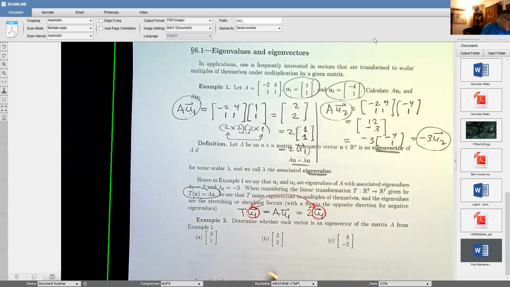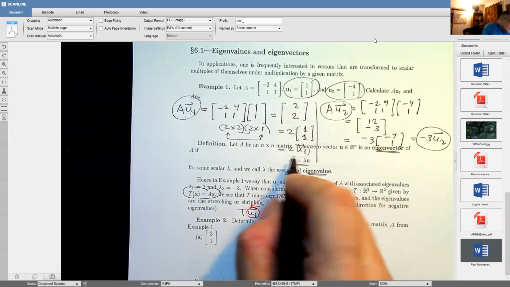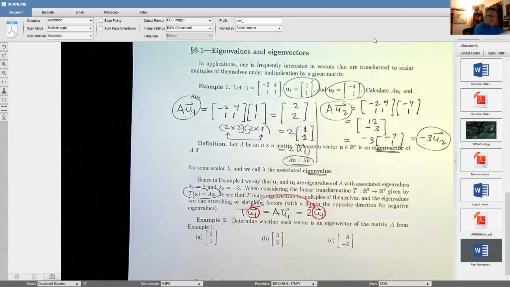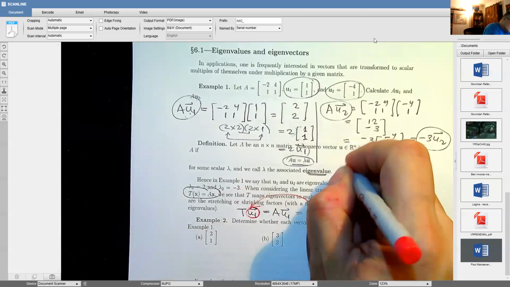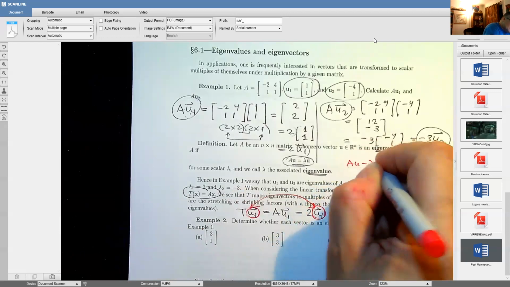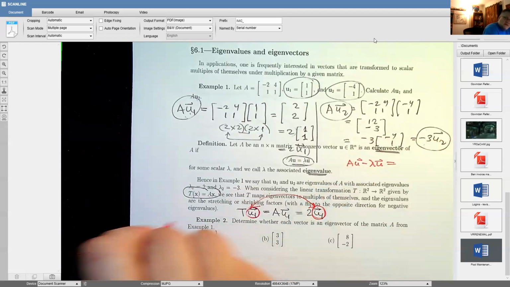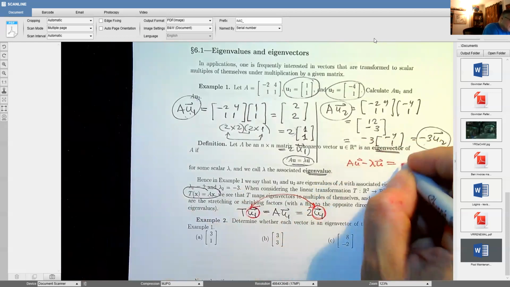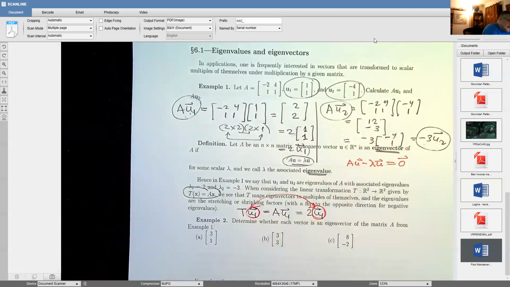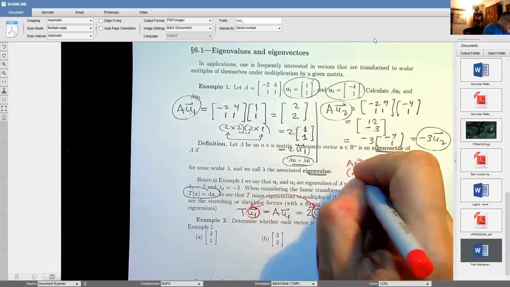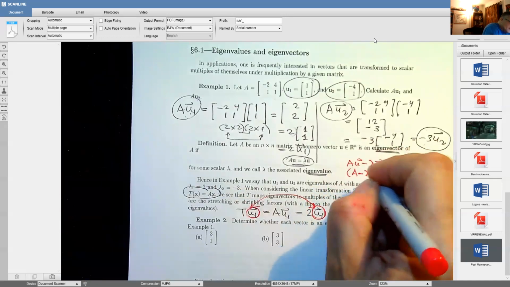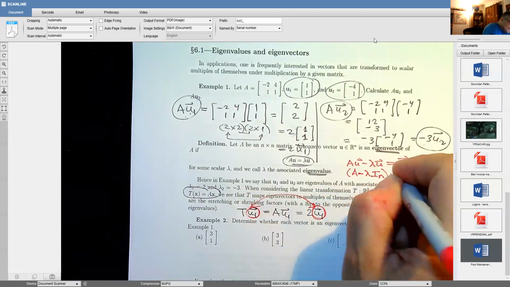All right, so back here. That's the definition, but a more mechanical way to write it is to subtract lambda u from both sides, and I get that. By the distributive property, I can rewrite it this way.